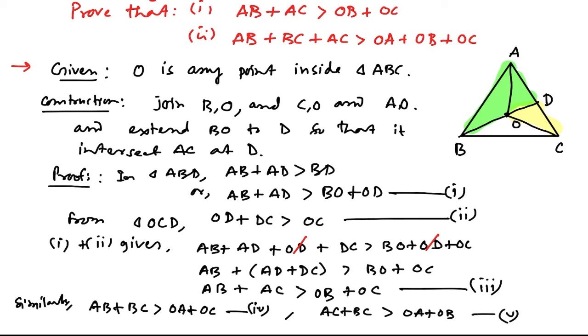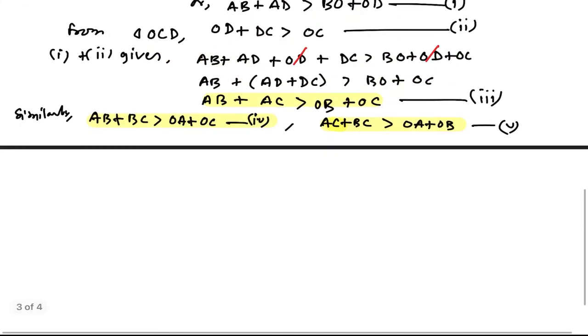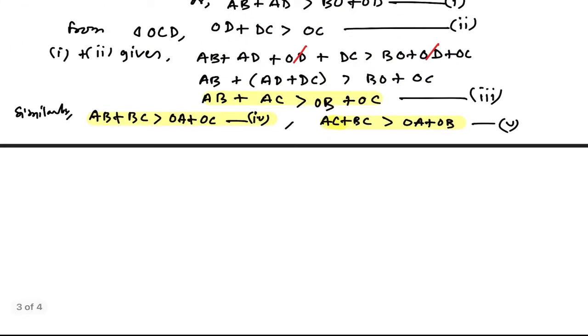Now, if we add these three, then we will get, look at this carefully, 2 AB, 2 AC and 2 BC.